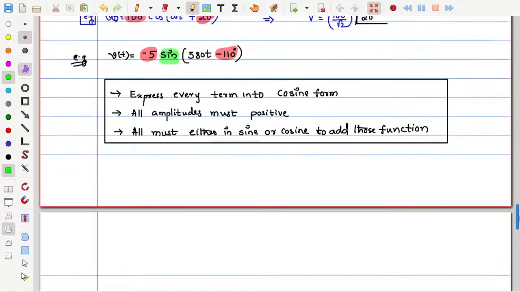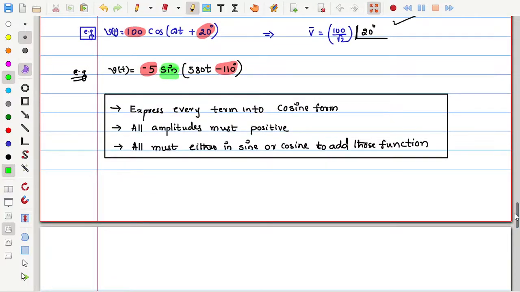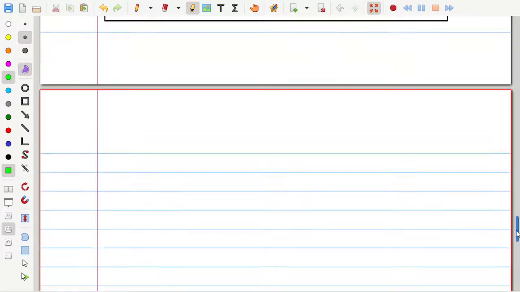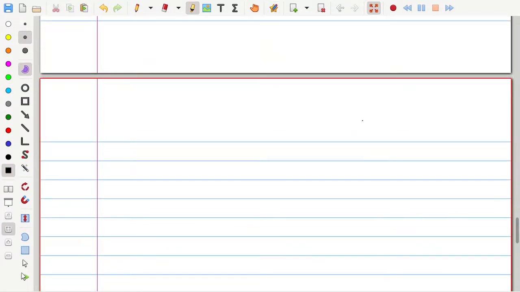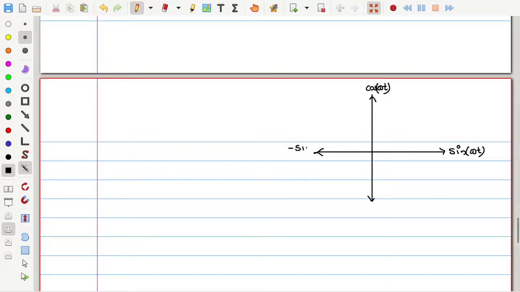So let us do that part first. You can follow a trigonometric functions table in this way. I will take this corresponding axis as the sine axis, sine omega t. This I will take as cos omega t. This I will take as minus sine omega t.